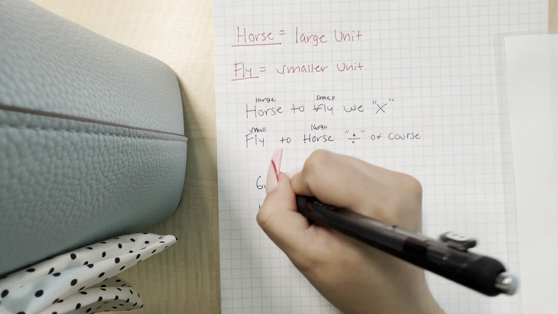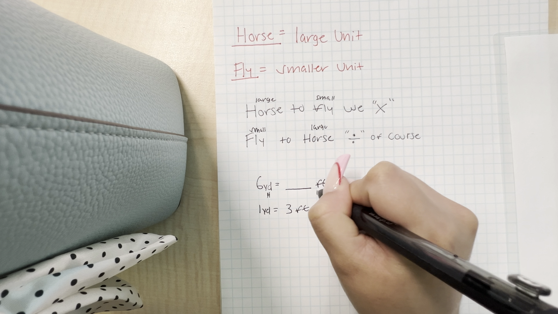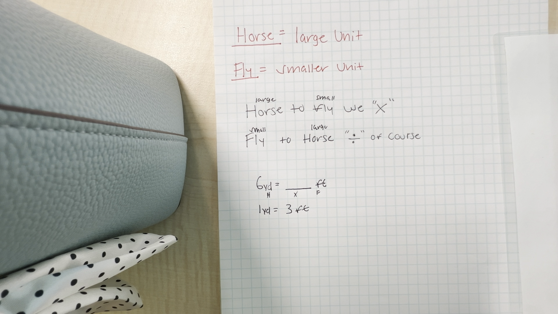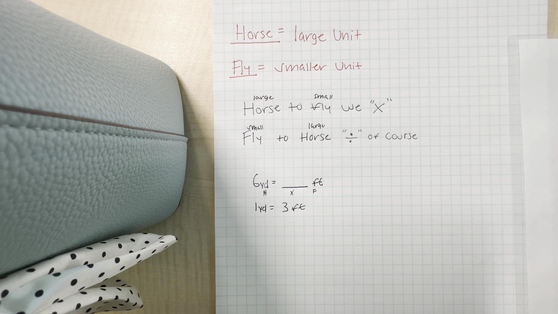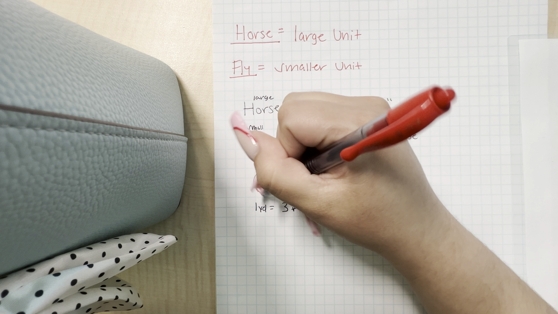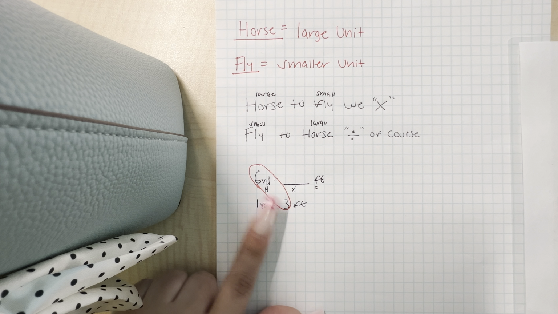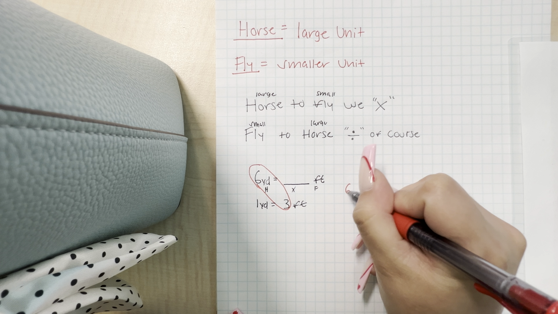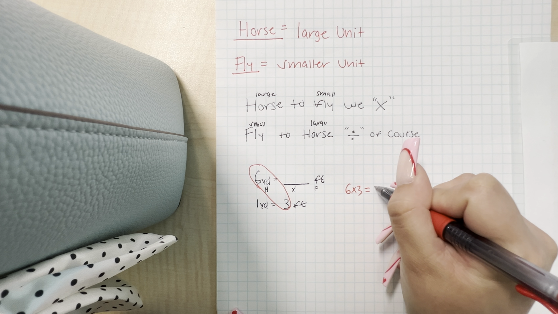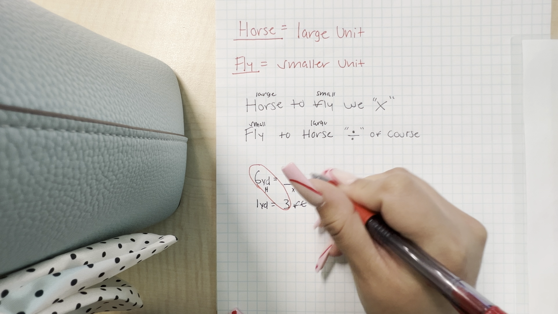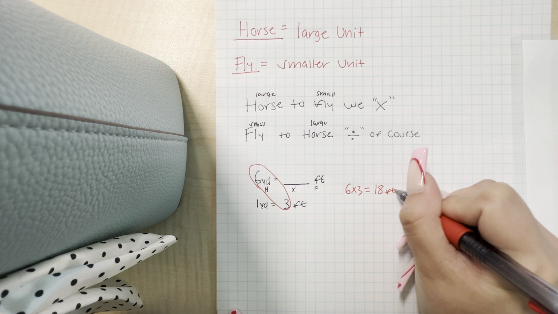So I am going from horse to fly, so we will multiply. Because for every 1 yard, it's 3 feet, we're going to multiply 6 times 3, and we get 18. And our new unit is feet.